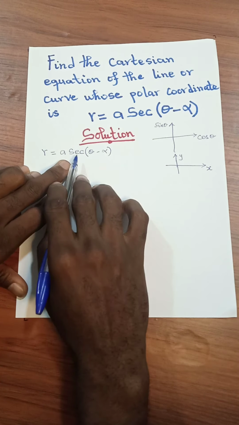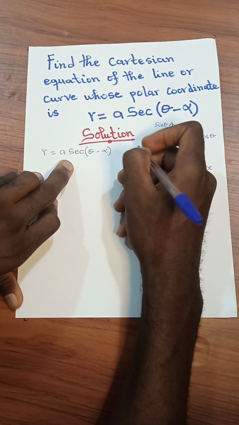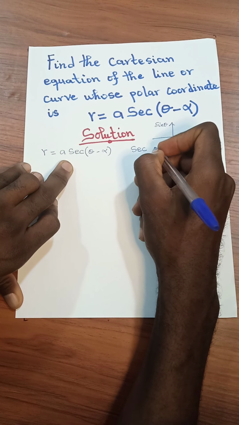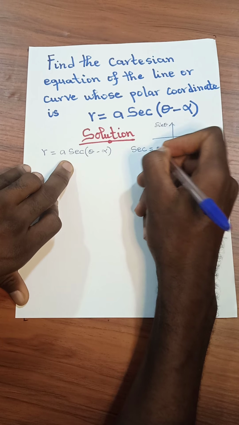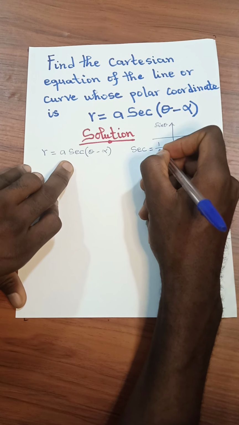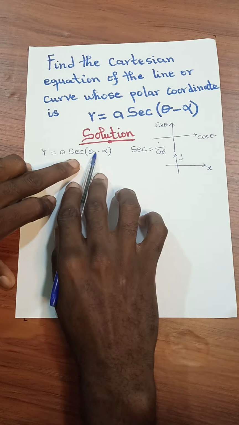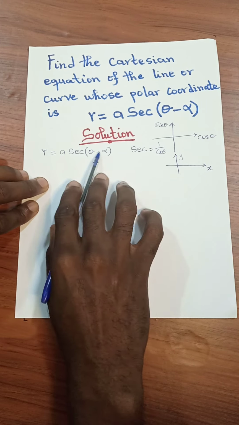From the trig identity, we know that sec of an angle is equal to 1 over cos of that angle. So in front of the cos, we'll put theta minus alpha. Let's substitute that here.